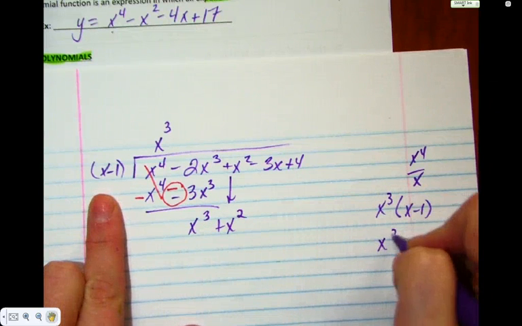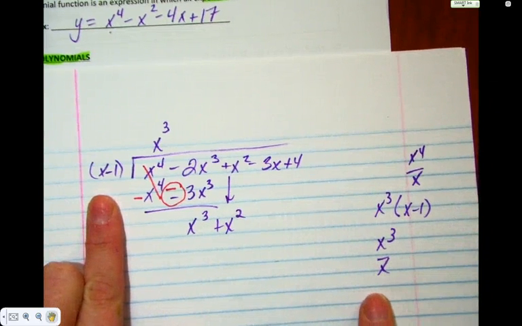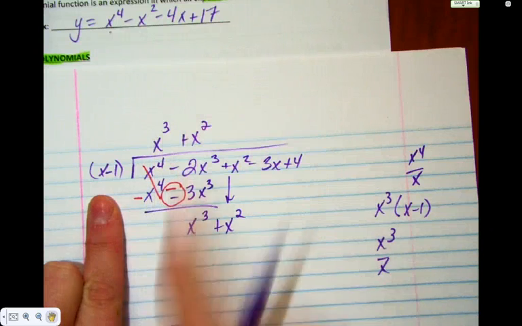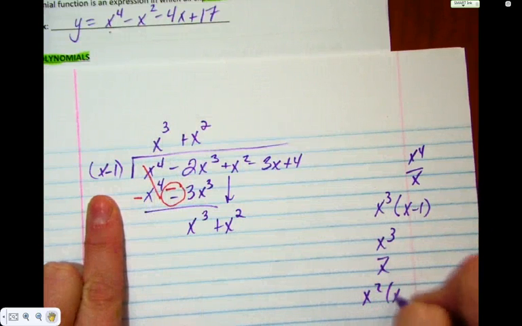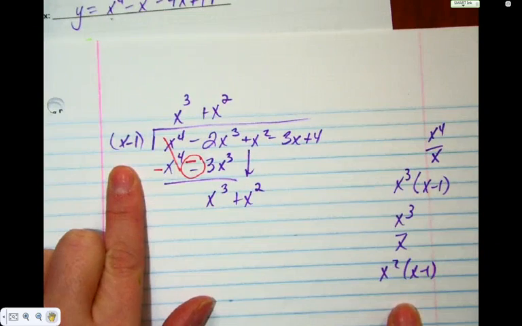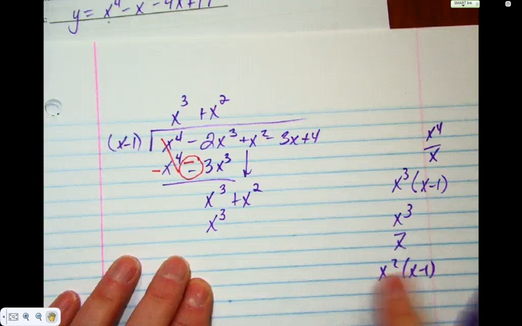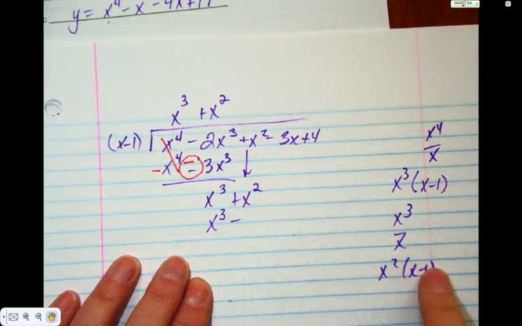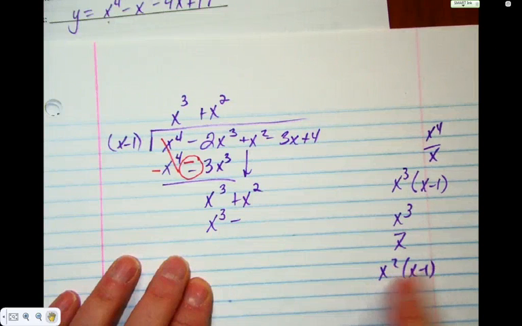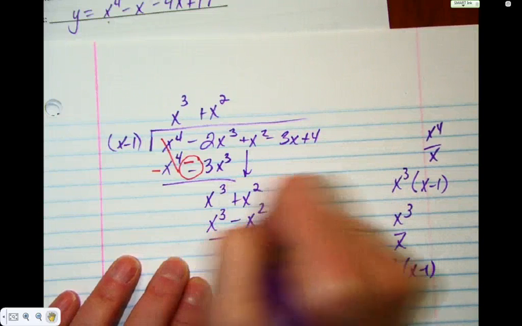So I'm doing x cubed divided by x, x squared. Then I'm doing x squared times x minus 1: x cubed minus x squared.